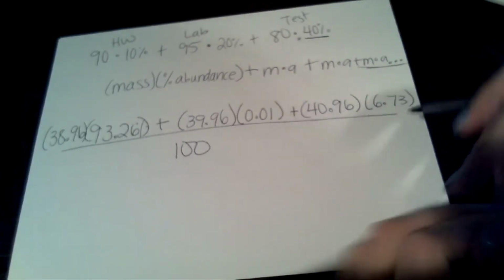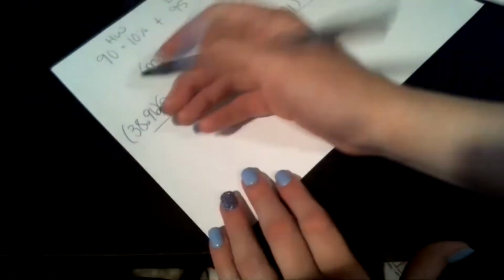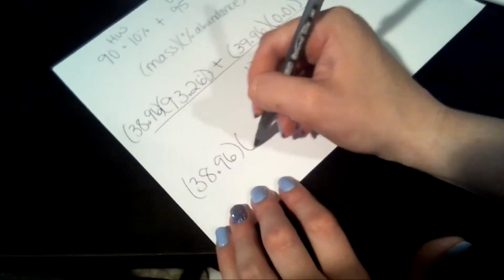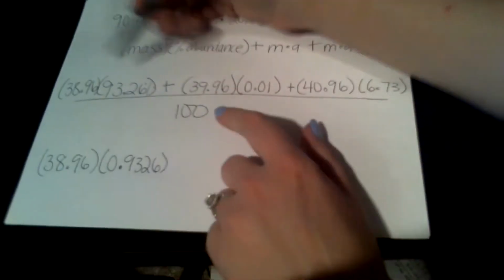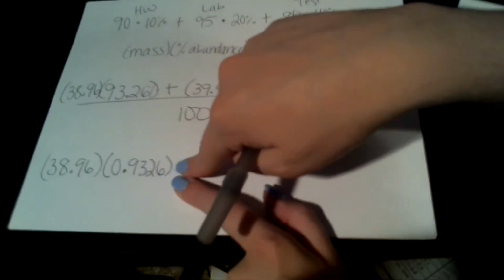The other option is that you divide each of these abundances before you plug them in. So you would do 38.96 times 0.9326. This 93.26 divided by 100 is equivalent to this number here.